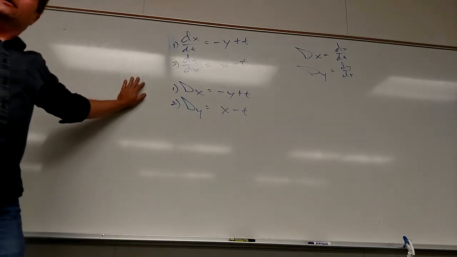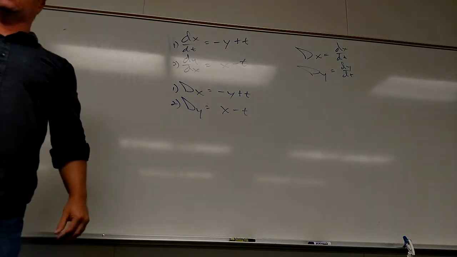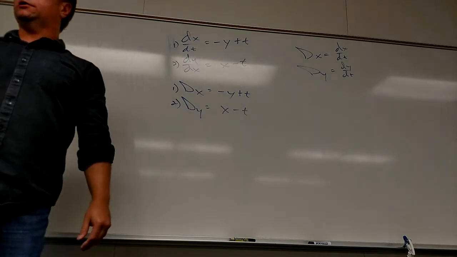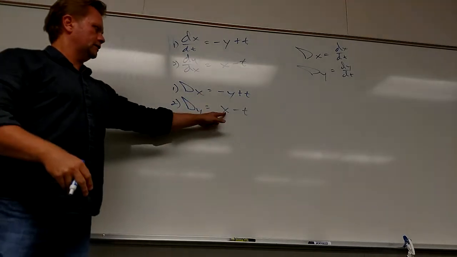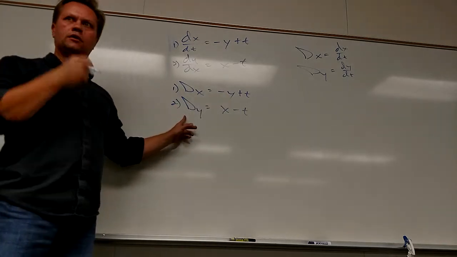So you have two functions as your answer, x equals and y equals, but in the equations themselves, you sort of have two layers of variables. X is different from dx. Y is different from dy, right?